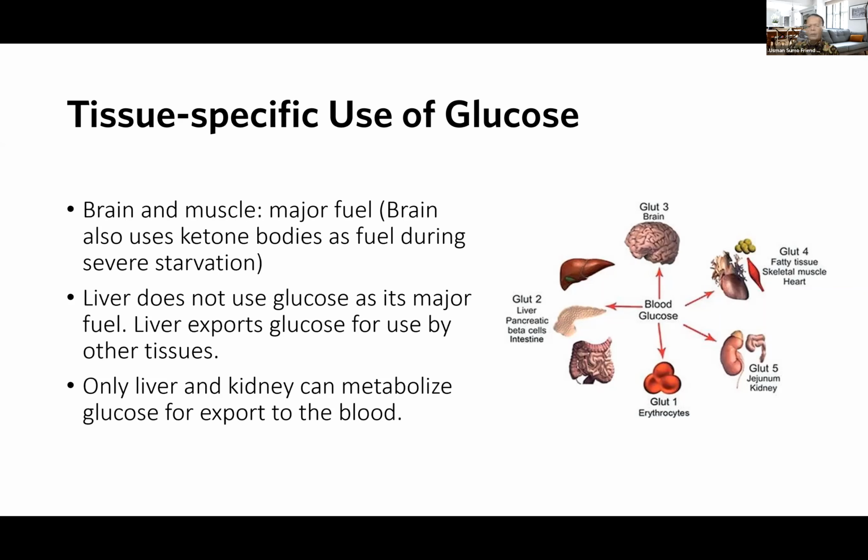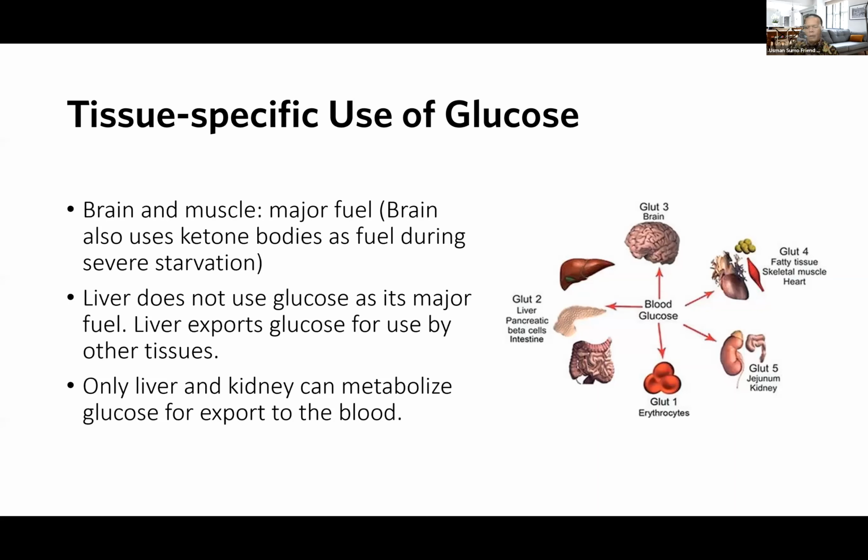And lastly, only liver and kidney can metabolize glucose to export to the blood. You can see in the figure on the right side, there are several organs of the human body, such as the liver, heart, brain, and many others.